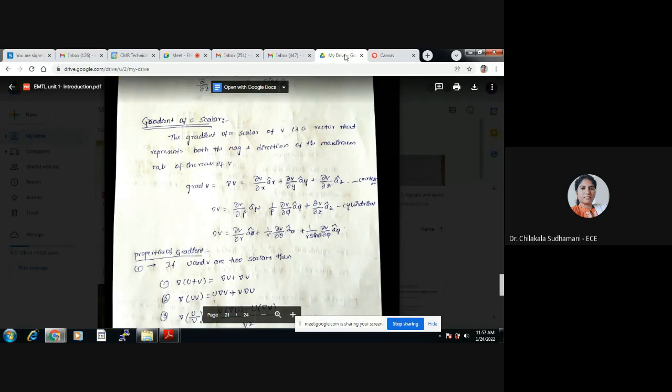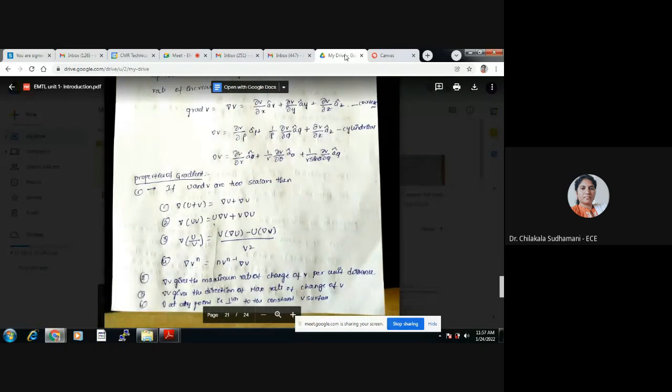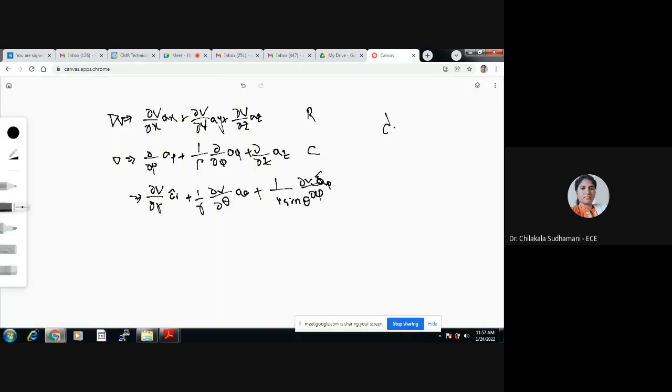So what are the different properties? Del of u plus v is equal to del v plus del u. The same integral and differentiation formulas apply. It is differentiation with respect to three-dimensional format. Simply, d by d means differentiation with respect to x only.